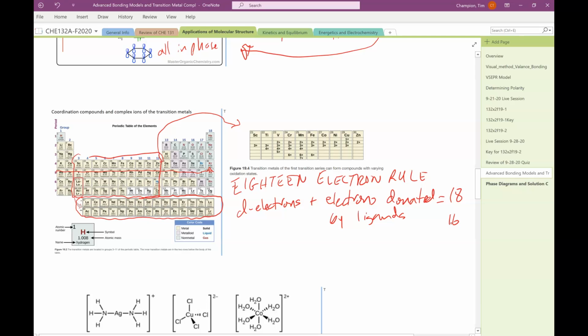One trick I want to show you in terms of figuring out the d electrons: if you look at the atomic number on the top of the first row of the transition metals in the periodic table, that atomic number's ones place equals the number of d electrons in the atom and the +2 ion for that compound.